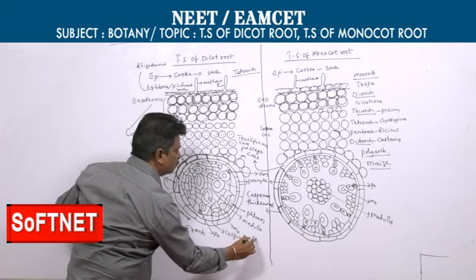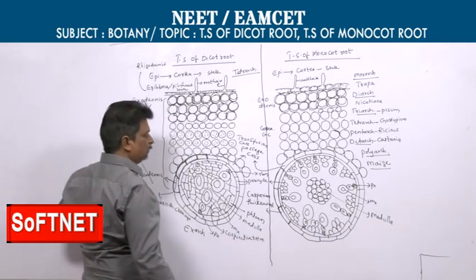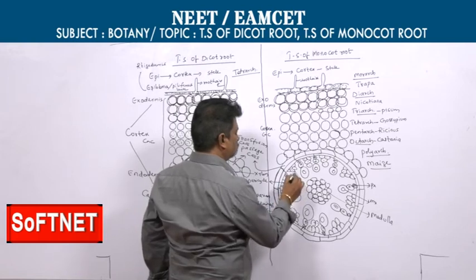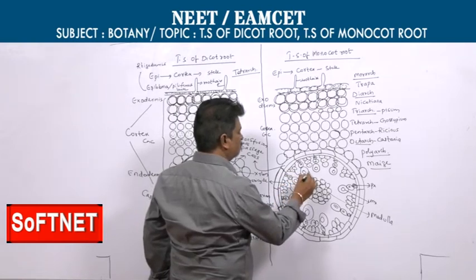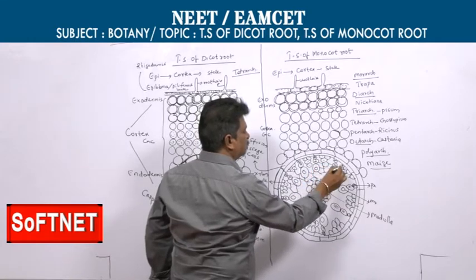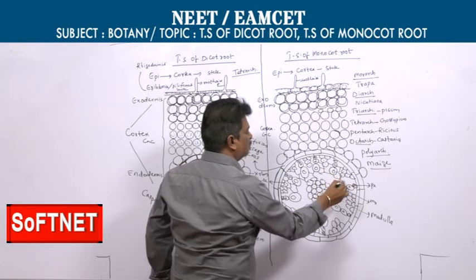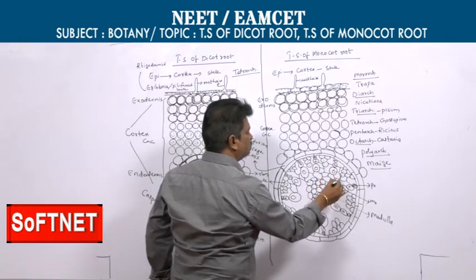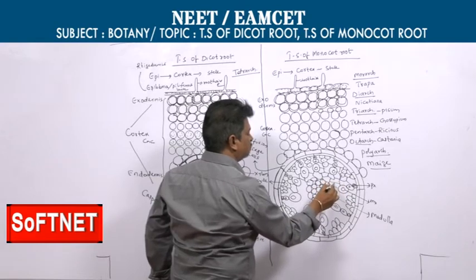This conjunctive tissue is present in both dicot and monocot roots.